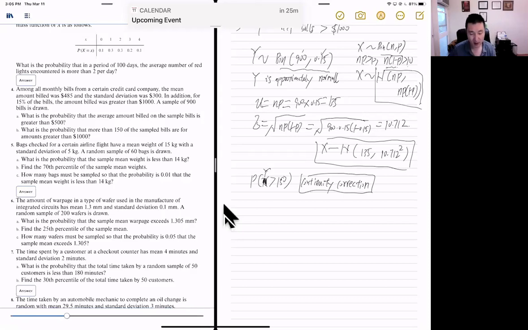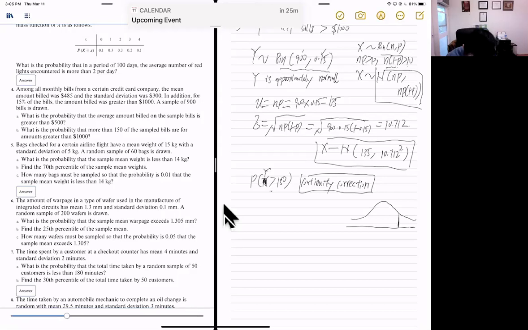That means when we transfer discrete variables to continuous variables, we need to care about the endpoints. So the question is asking larger than 150. So 150 doesn't count because we don't have equal to 150. So when we transfer the binomial, which is discrete, to normal, which is continuous, we need to shrink the range a little bit.